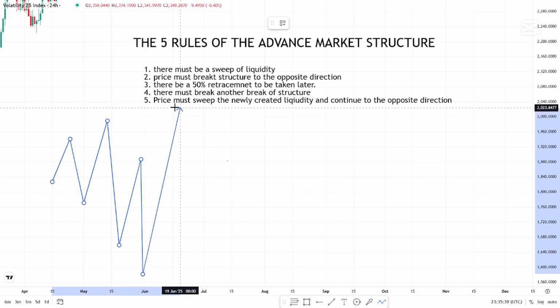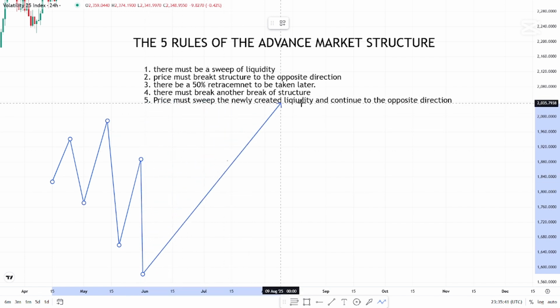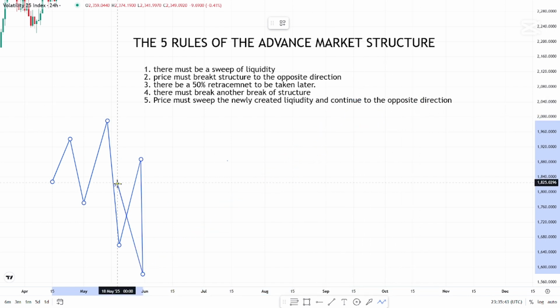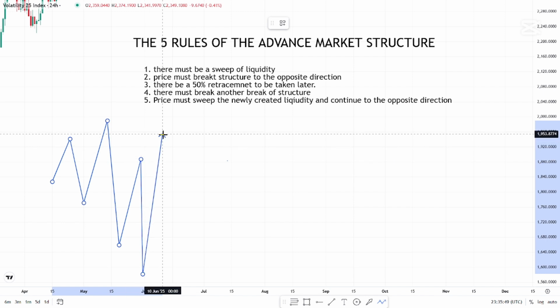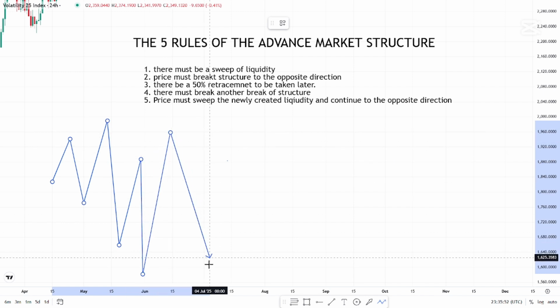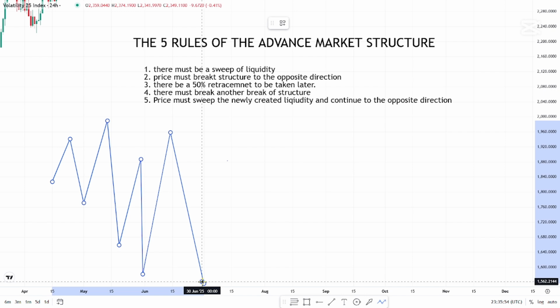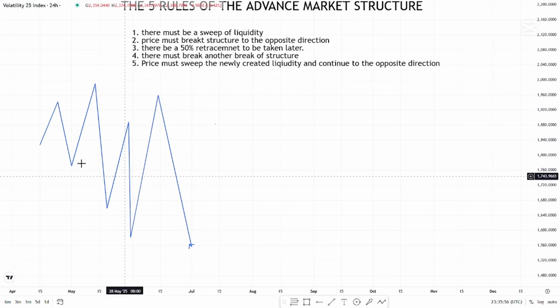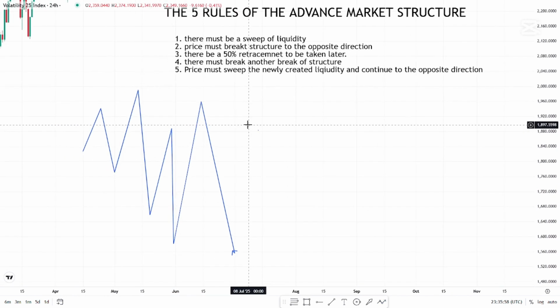The fifth rule is price must sweep the newly created liquidity and continue to the opposite direction. This is the newly created liquidity. So what will happen? Price will sweep this created liquidity, and what will it do? Continue to the opposite direction. So this is exactly the five rules of the advanced market structure.